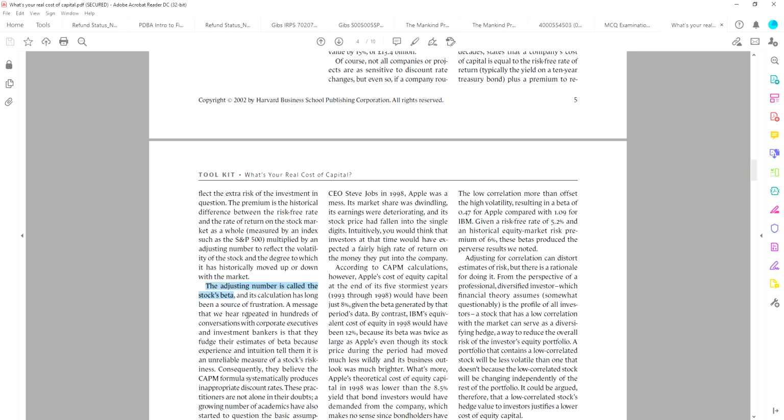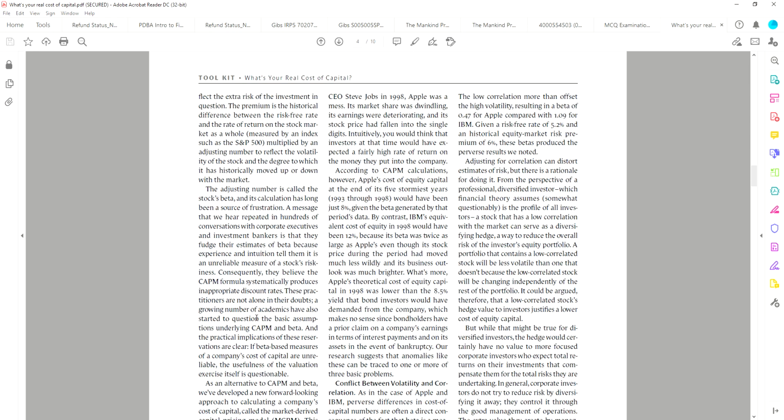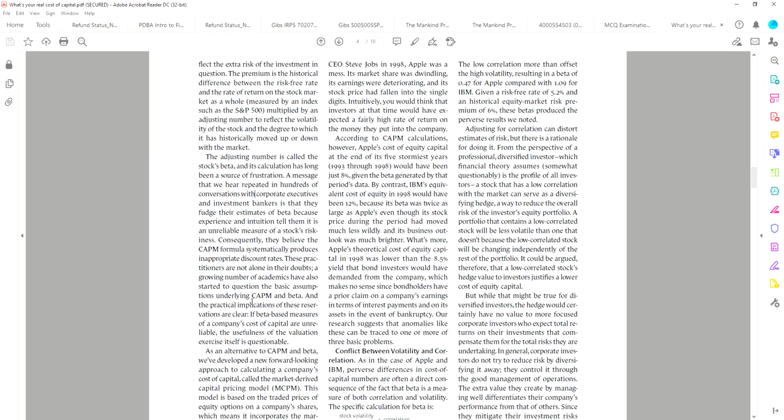In a moment, I'm going to bring in my spreadsheet, and we're going to talk about where some of this data comes from in the South African market and how we put these numbers together in order to do a calculation. It is important to know that a little bit further down, it says the adjusting number is called the beta, and its calculation has long been a source of frustration.